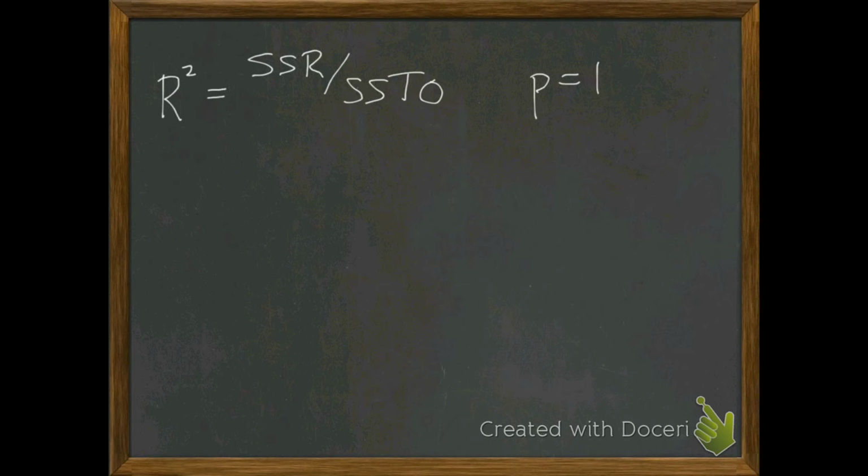But what you can show is this tends to overestimate the variance that's explained in our model by our set of predictors. So you'll often see what's called an adjusted R-squared, which is much more relied on than R-squared when we have more than one predictor.